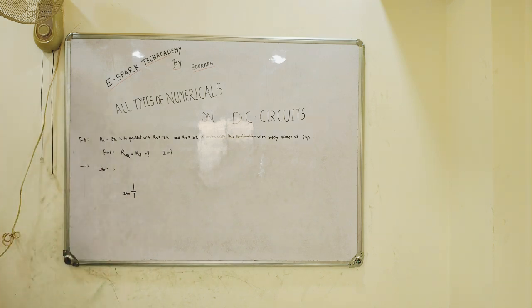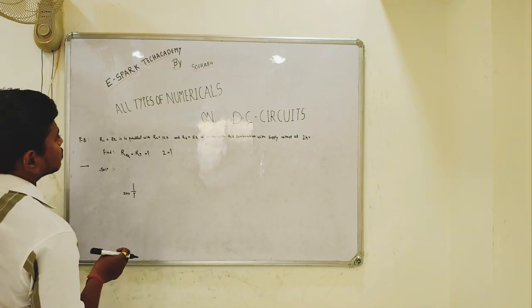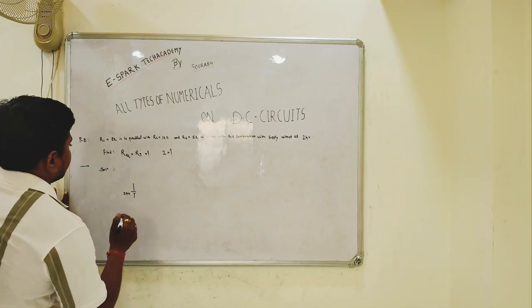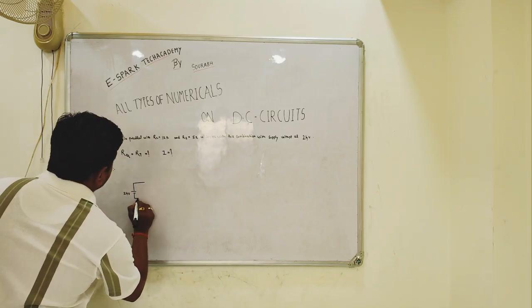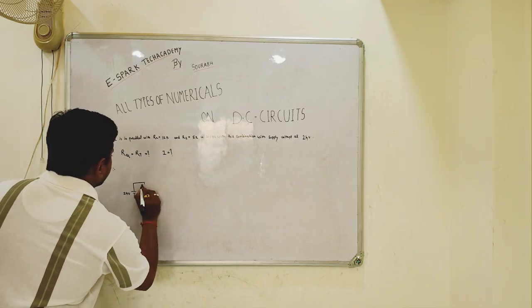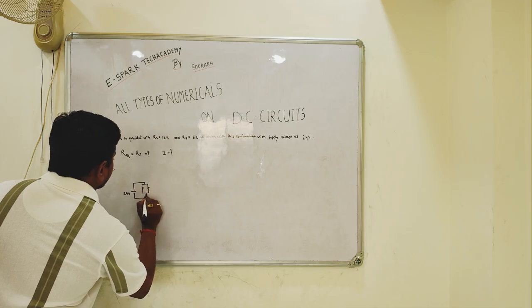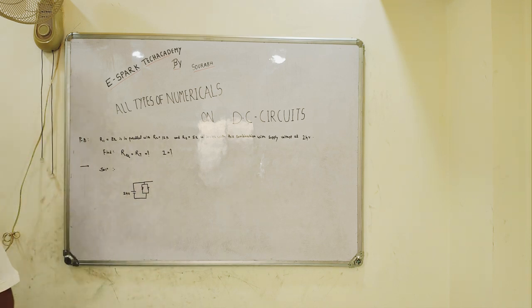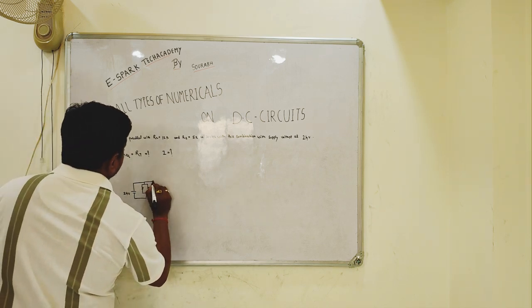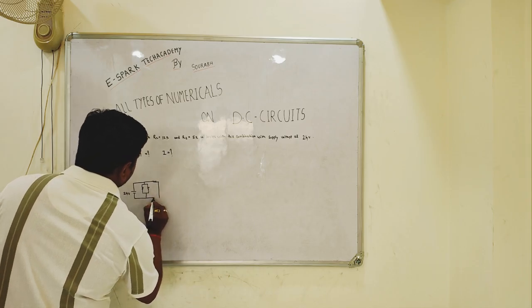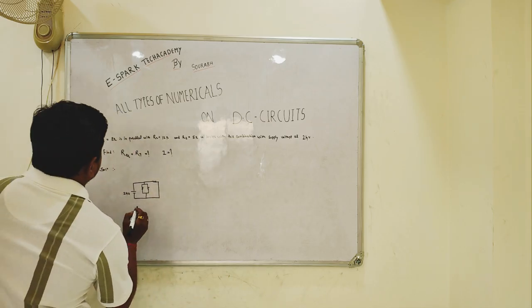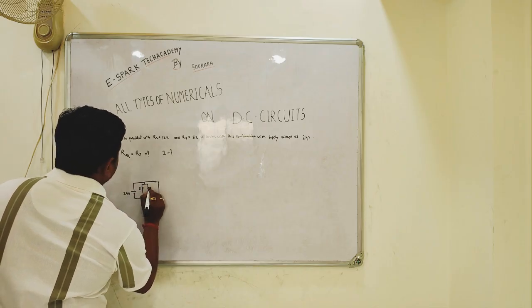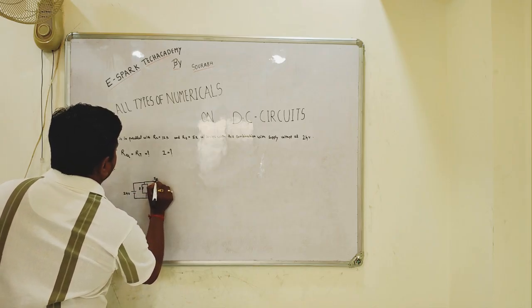Now what they have said, supply voltage, then the parallel resistances will be there, and then here this will be 8, this will be 12, and this will be 5.